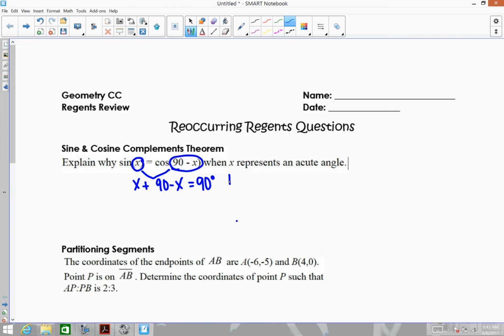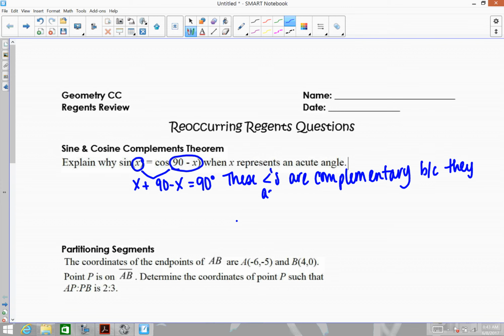So that means these angles are complementary because they add to 90.